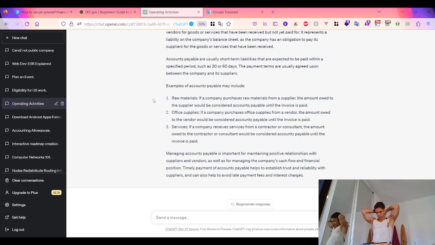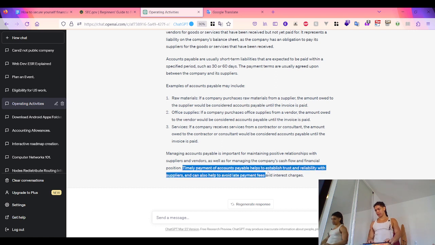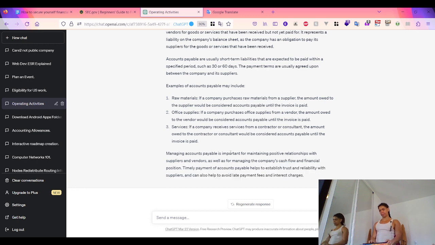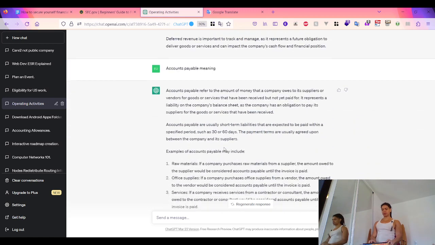Timely payment of accounts payable helps to establish trust and reliability with suppliers, and can also help to avoid late payment fees and interest charges.